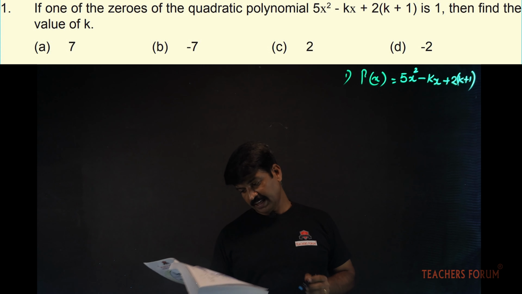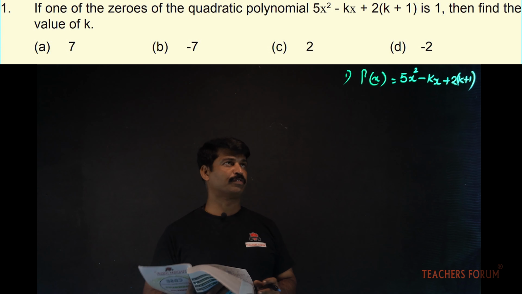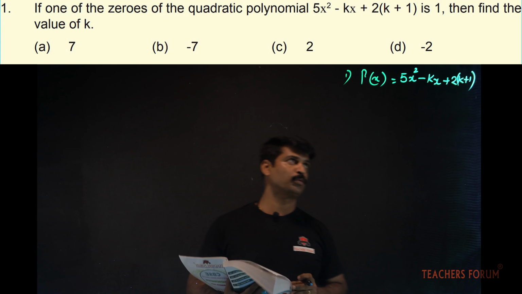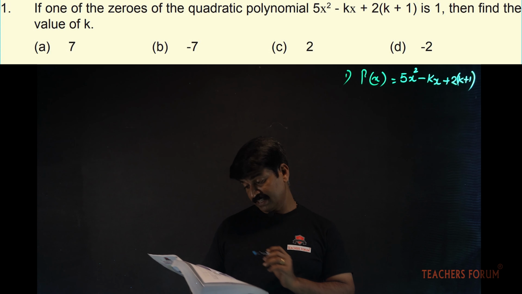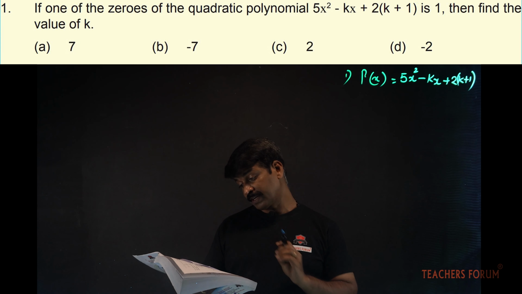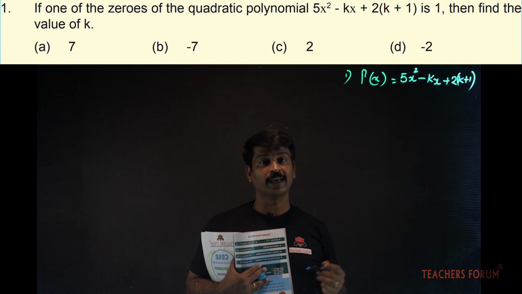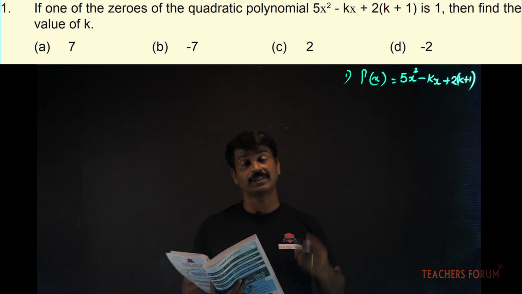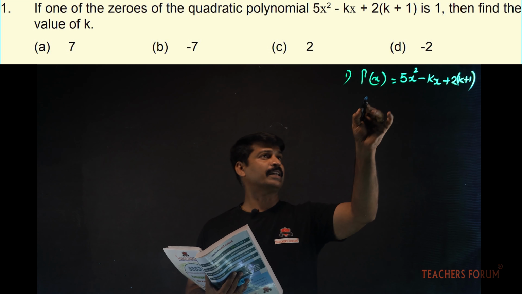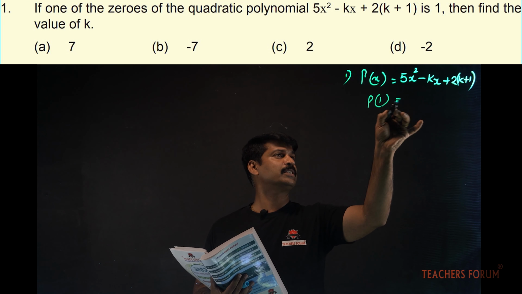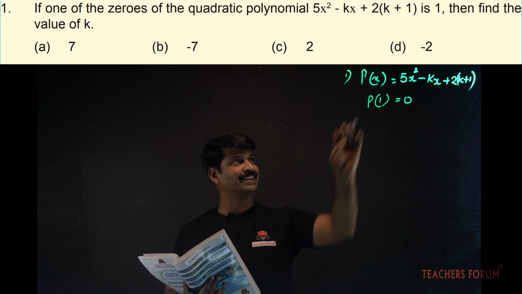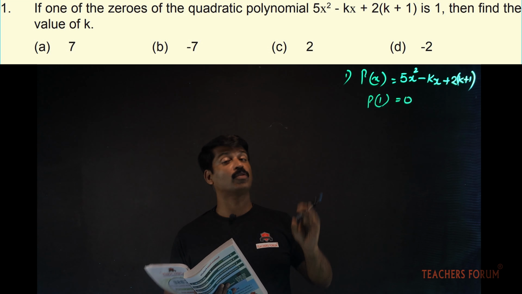It is given that one of the zeros of this quadratic polynomial is 1. You see, it is a quadratic polynomial because its degree is 2. It is given that p of 1 is equal to 0 because 1 is a zero.